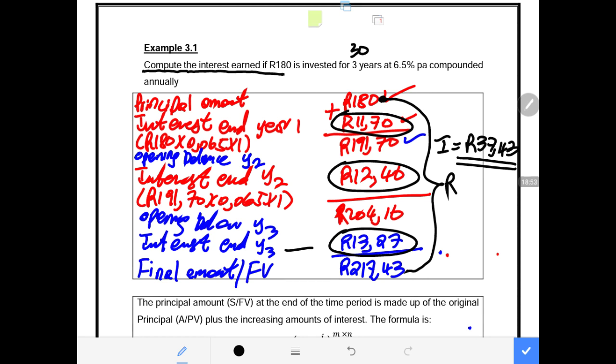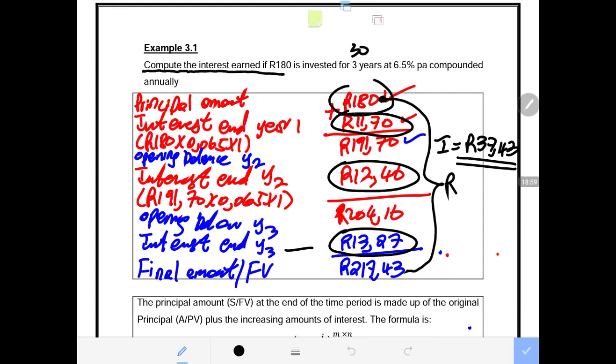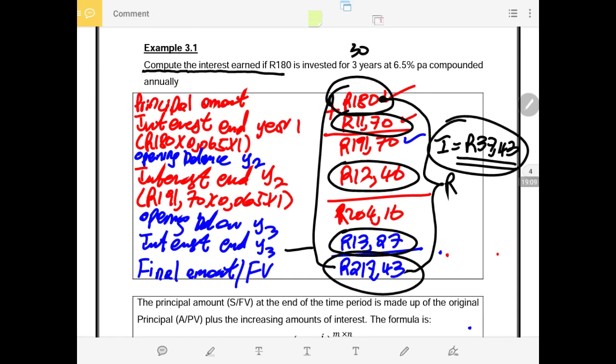So now the next part: I will be introducing you to the other way of calculating from the present value to the future value. Then after, you just strike the difference between the two in order to get the interest that was earned for the period of the investment.